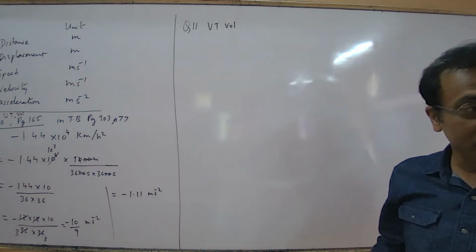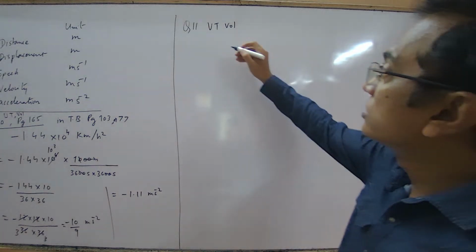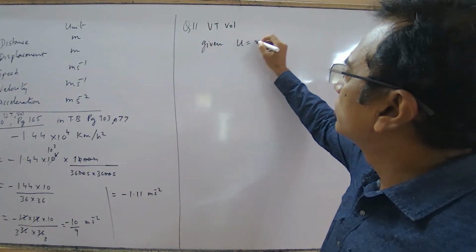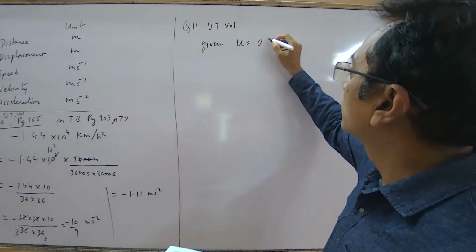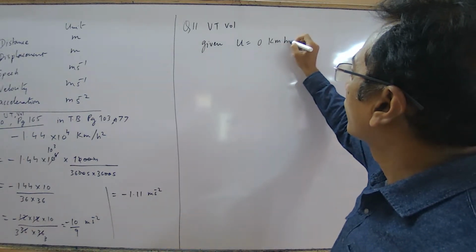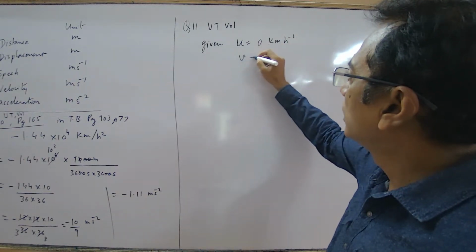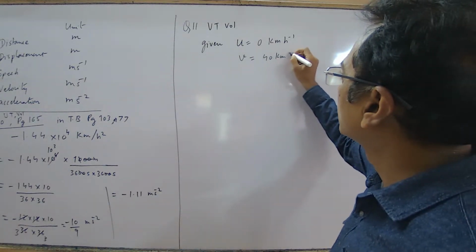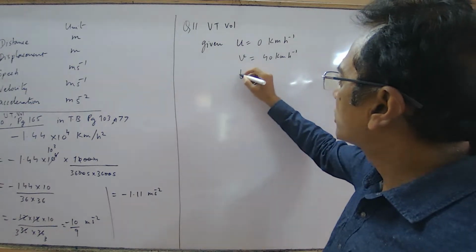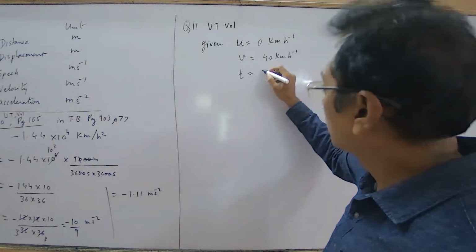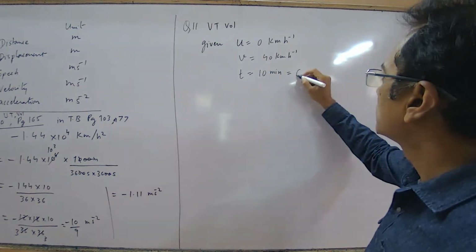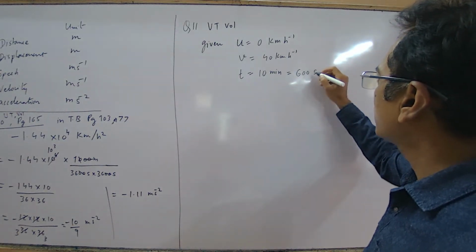Because it is starting from the station, right? So given, u is equal to 0 km per hour, and then it attains a speed of 40 km per hour. Now, how much time? 10 minutes. That is 60 into 10, 600 seconds.